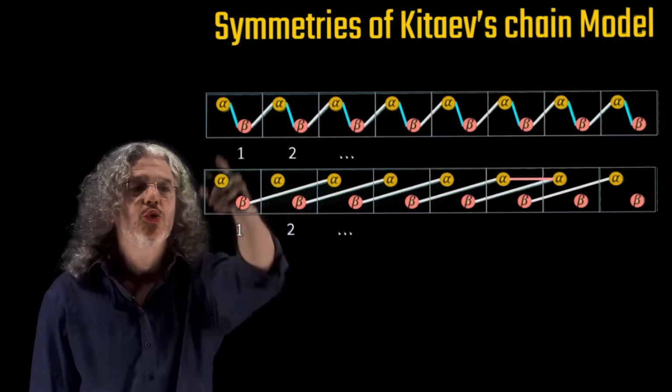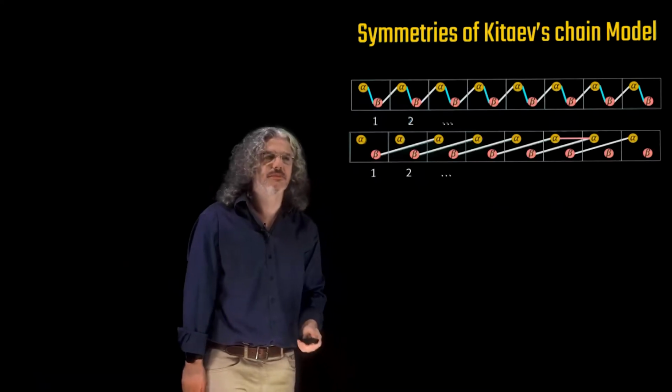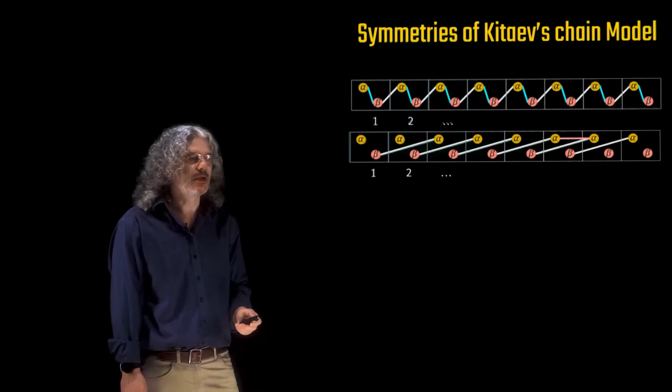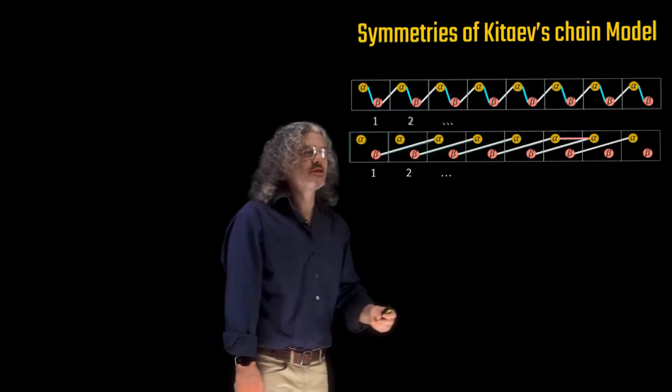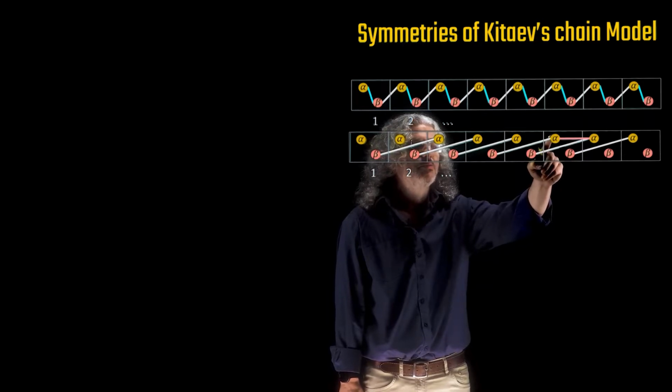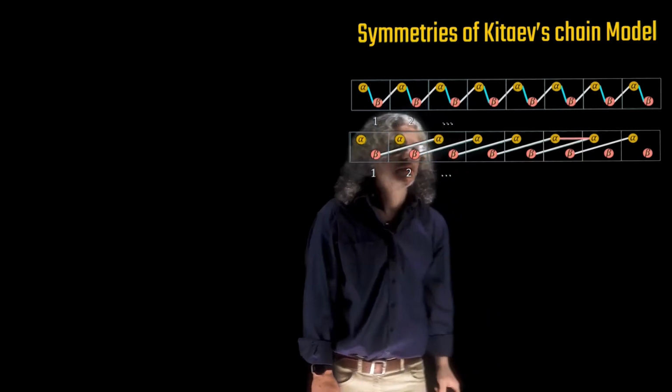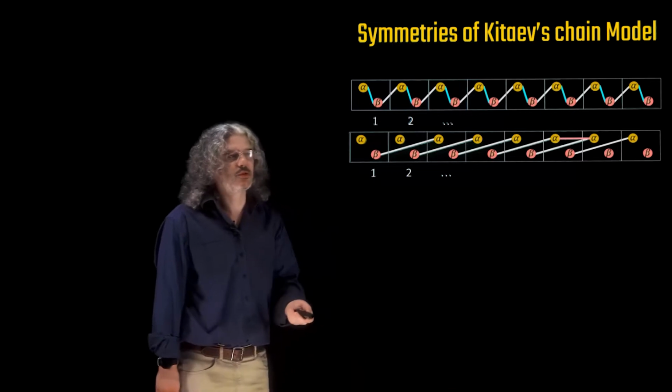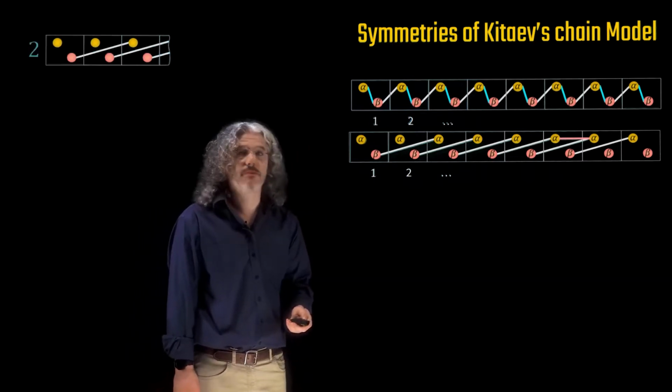Then we will have 2 Majoranas at the end of the chain, as long as we do not have this coupling between alpha and alpha. So this is the symmetry of the problem.